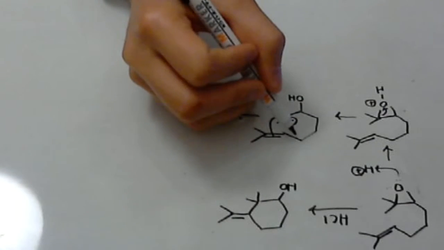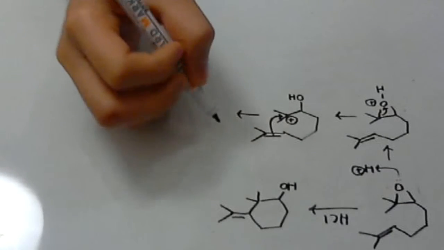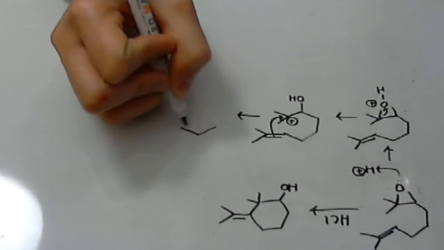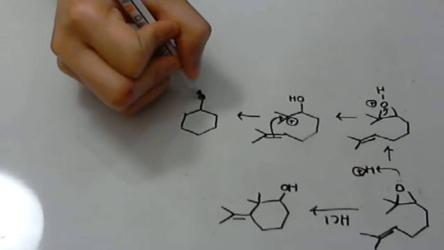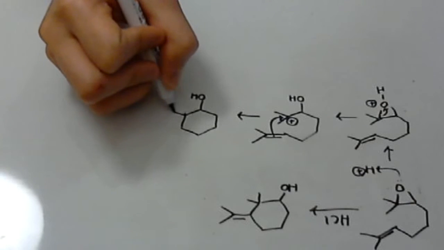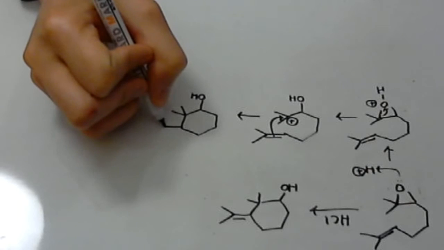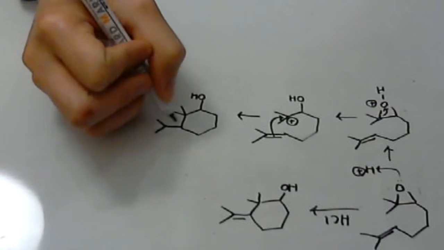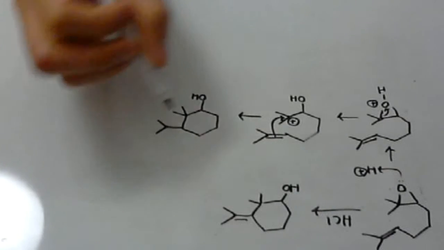So what we get is a 1, 2, 3, 4, 5, 6-membered ring. And we had 2 carbons attached here. And this carbon is attached to this isopropyl group, right?